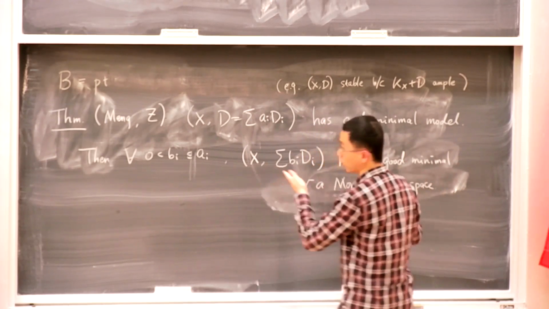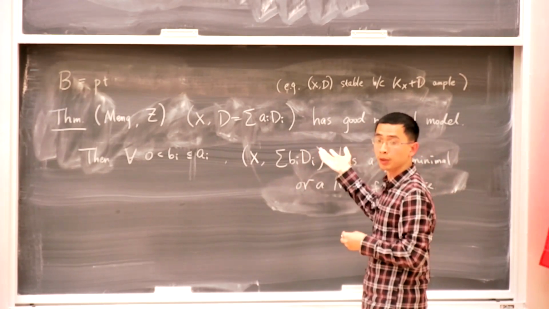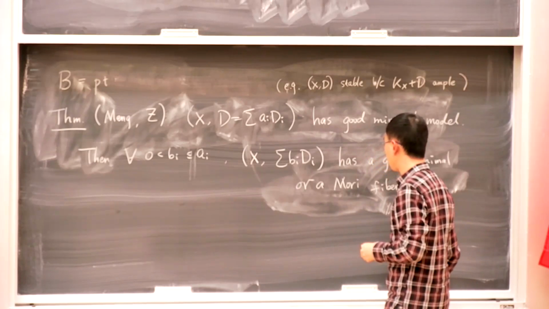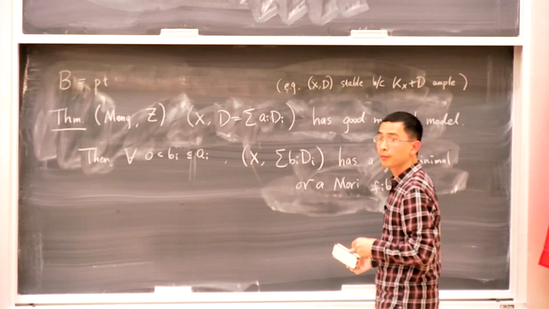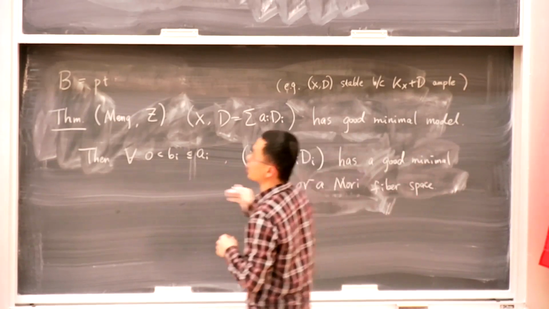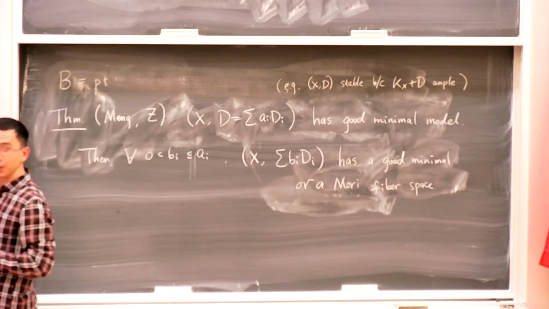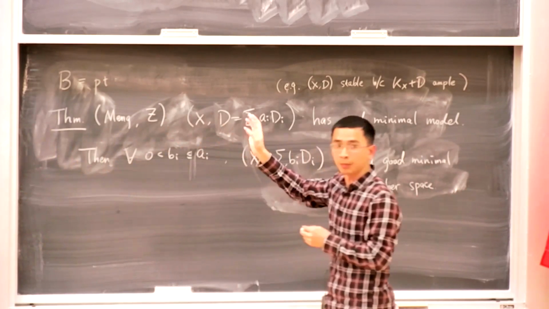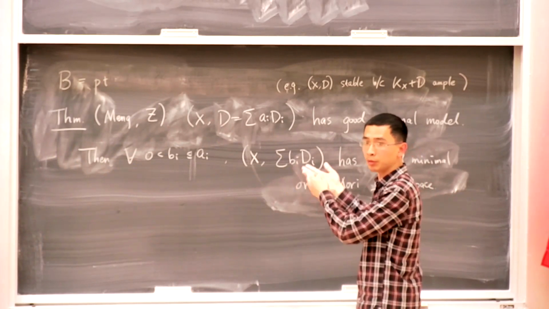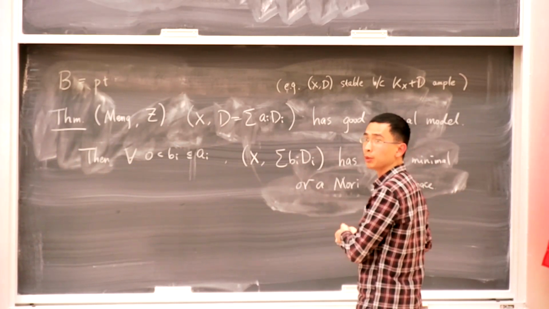So in particular, this allows us to take the ample model if you assume this pair is big. In the setting of the reduction morphism, you will automatically get the ample model. But in general, of course, it can be not big, but you still have a good minimal model in that case.